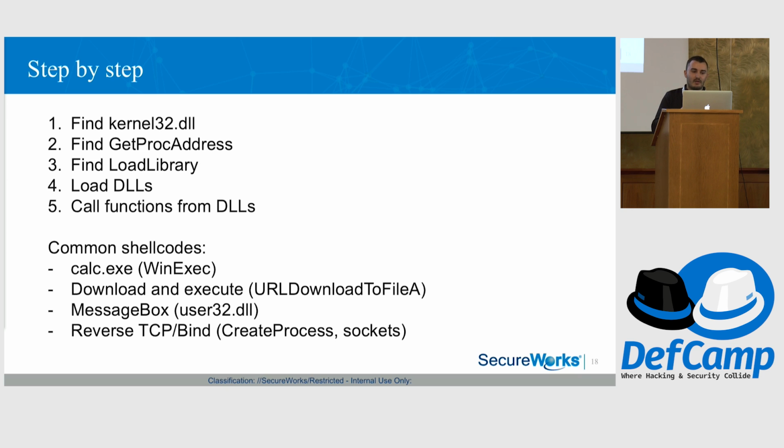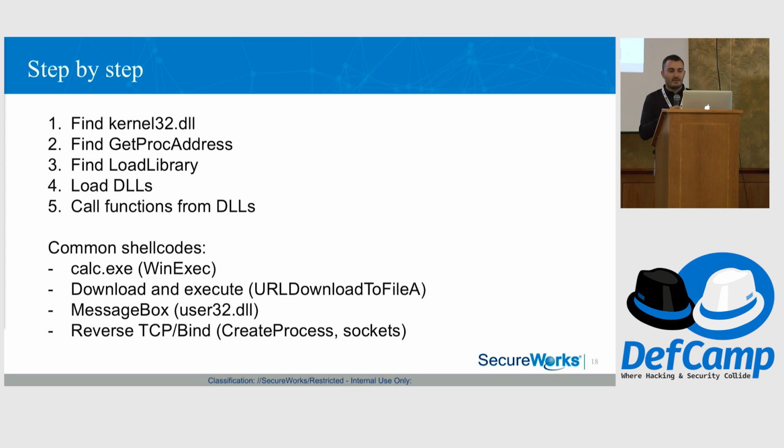Some common shellcodes are the following. The calc.exe one just uses the WinExec function. WinExec is exported from kernel32, and it takes a single parameter, which is the command line you want to execute. A really common shellcode is download and execute, which will load a specific DLL called urlmon.dll that exports a function called URLDownloadToFile. A single call to this function will download a file from the internet to the disk.